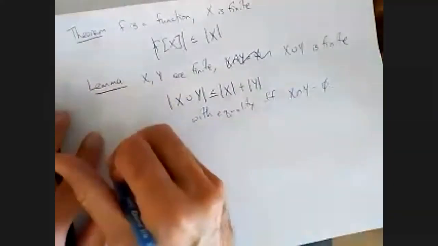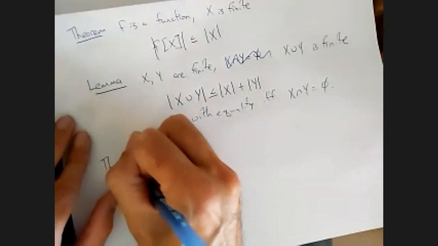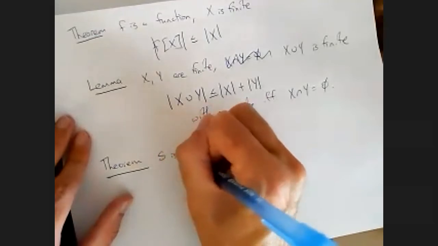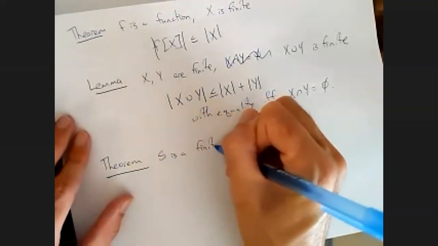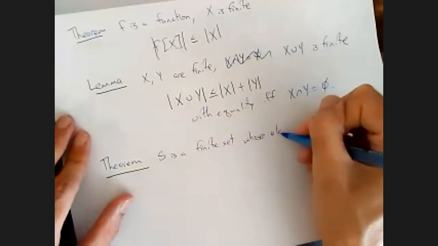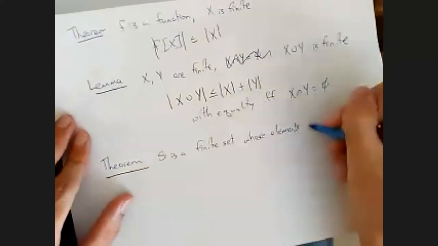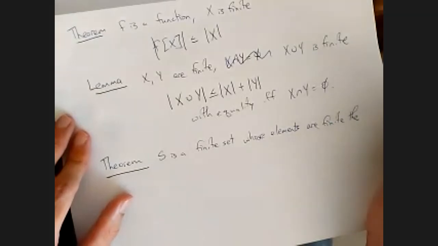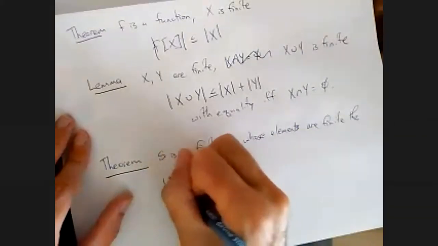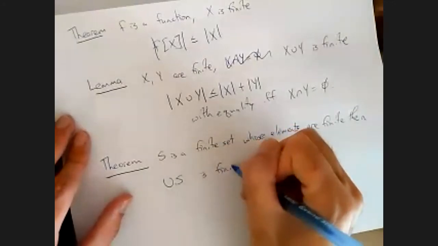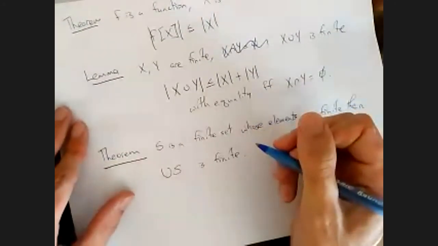You know, other things for arithmetic like cardinality. If S is a finite set whose elements are finite, then the finite union of finite sets is finite. This is kind of just a generalization of this lemma.